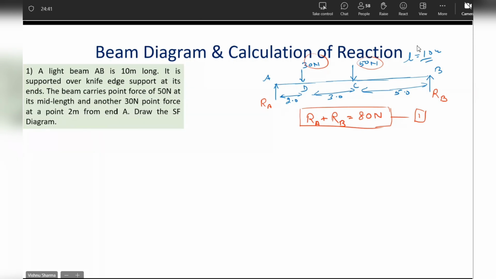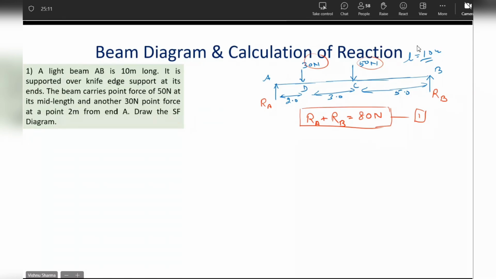Because this will be the first step of every question after the diagram, and we will not be wasting time on calculation of reactions. Okay. Now my first job would be to find out, of this 80 newtons, how much is the reaction offered by A. That means how much weight is coming at A, it will offer that much of reaction.